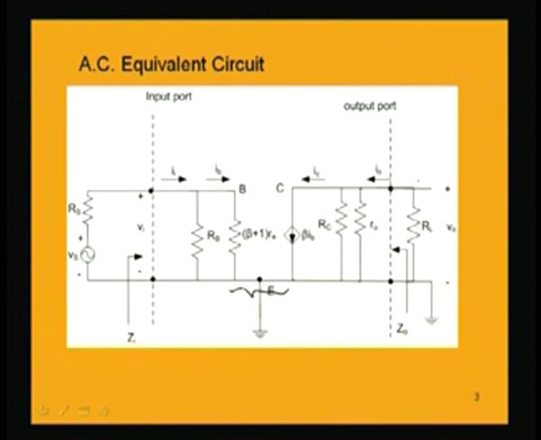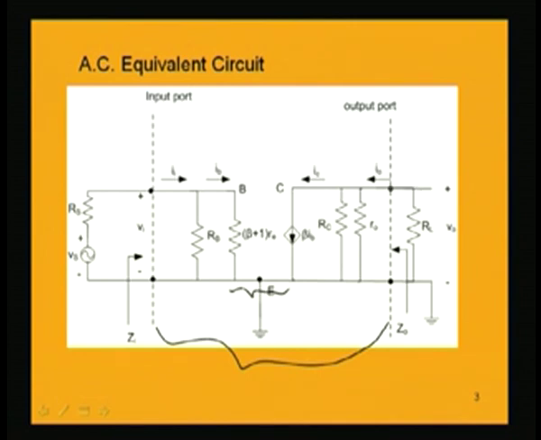This point is important because we have to exclude the source and load while finding the parameters of the whole amplifier. So, in between these two dashed lines is the whole amplifier, and the source and the load are external to it. Now, if we want to find the voltage gain, that is the amplification between the output voltage and input voltage.